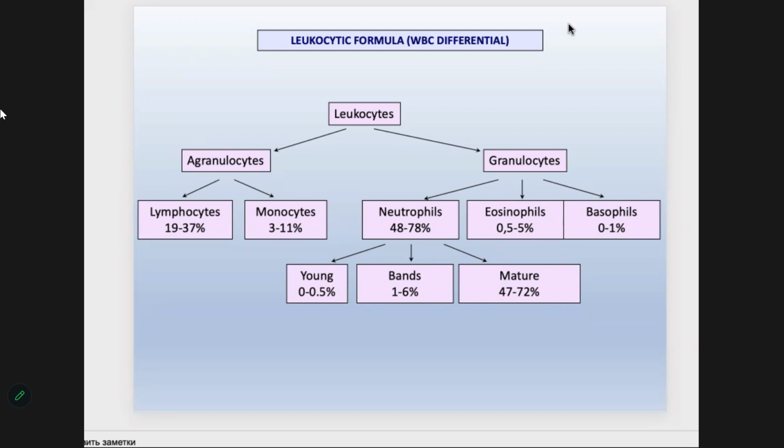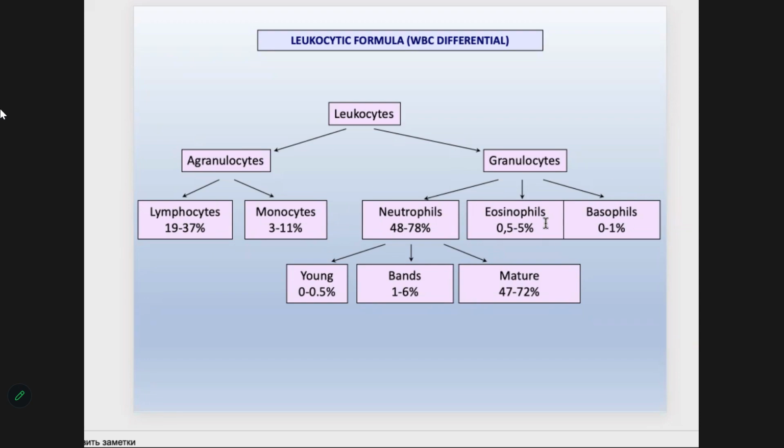So specific granules in the cytoplasm house the specific biologically active substances which are responsible for the functions of each type of granulocyte. And one more classification of neutrophils is according to their age. All neutrophils are subdivided into young neutrophils, band neutrophils, and mature neutrophils.